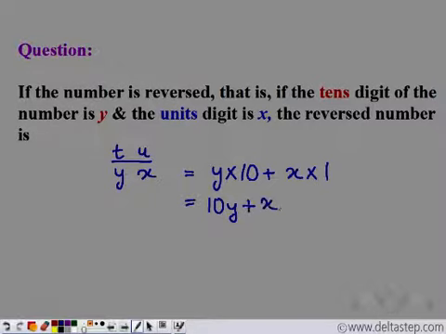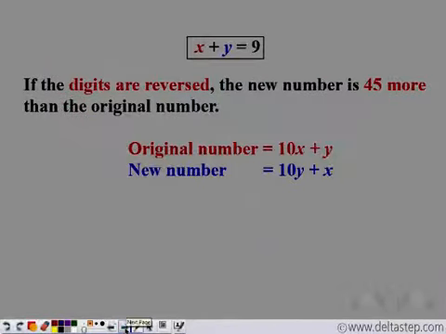So this is 10y + x. So if the original number is 10x + y, the new number, formed by reversing the digits, is 10y + x.